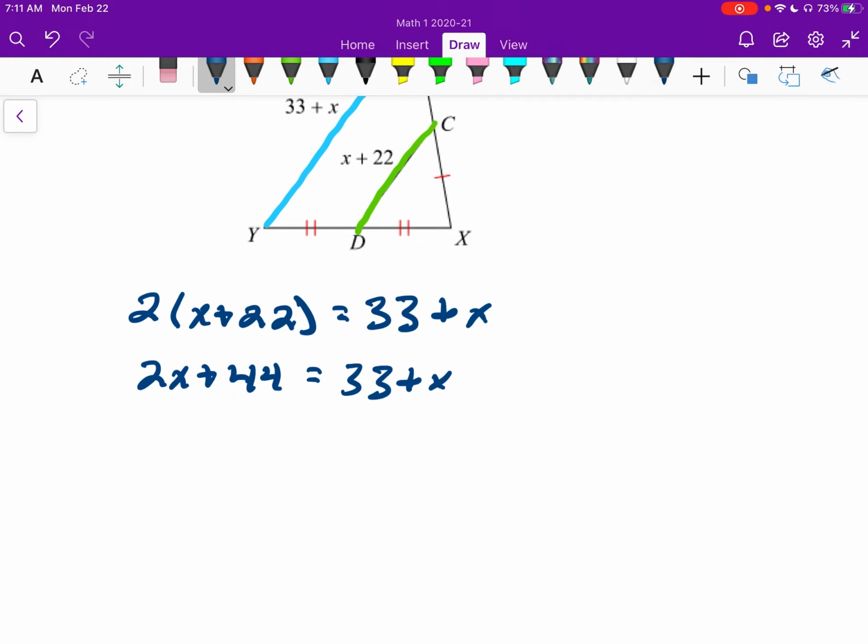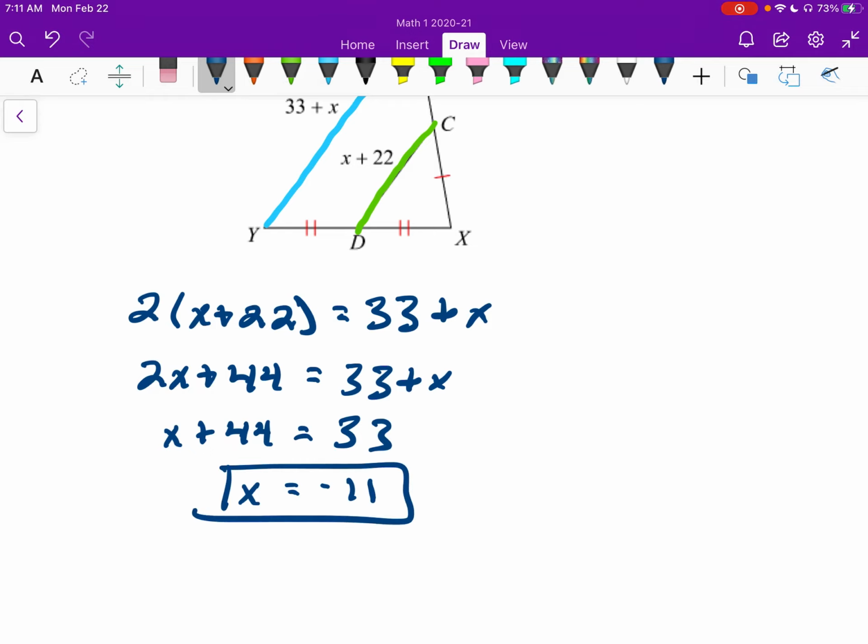I'll subtract my x to the left, and I'm going to get, well, x plus 44 is 33. I'll subtract 44 to the right. I'm going to get, well, x is going to be, what is that, negative 11? Yep. And there we are.